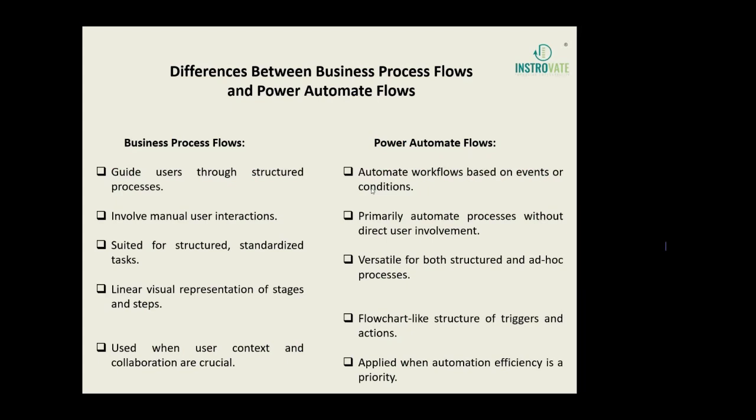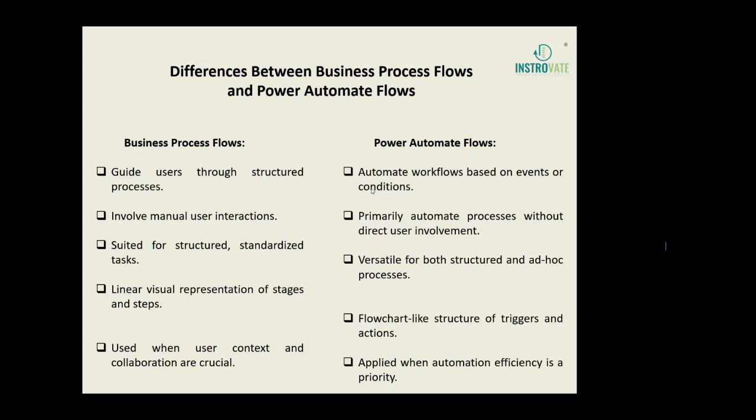On the basis of conditions or events, Power Automate workflows work, but business process flow guides users through a structured process. Business process flow involves manual user interaction, but Power Automate primarily automates processes without direct user involvement. So it does not need involvement of the user.